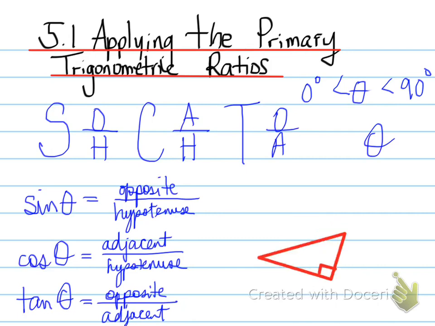I can take this triangle and turn it. By turning it, the hypotenuse changes, but it never leaves the side for which the right angle points to. If you notice here, this right angle right here points to the hypotenuse. So that's really crucial that you remember that.